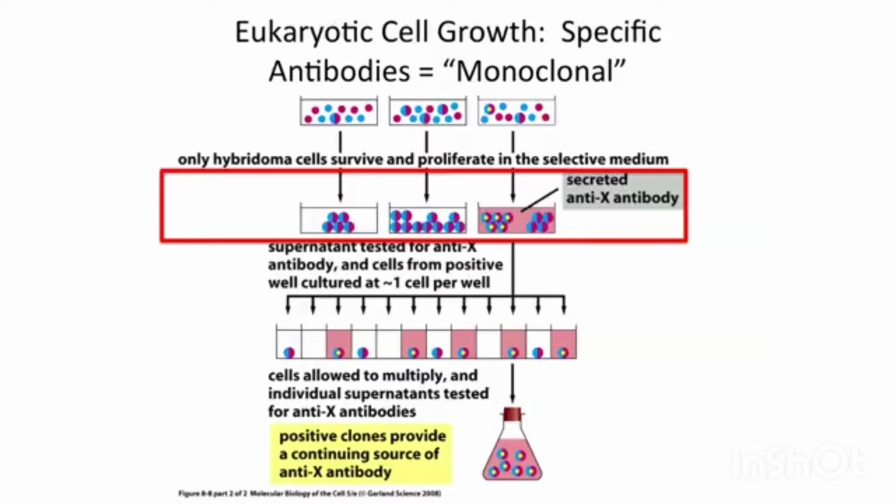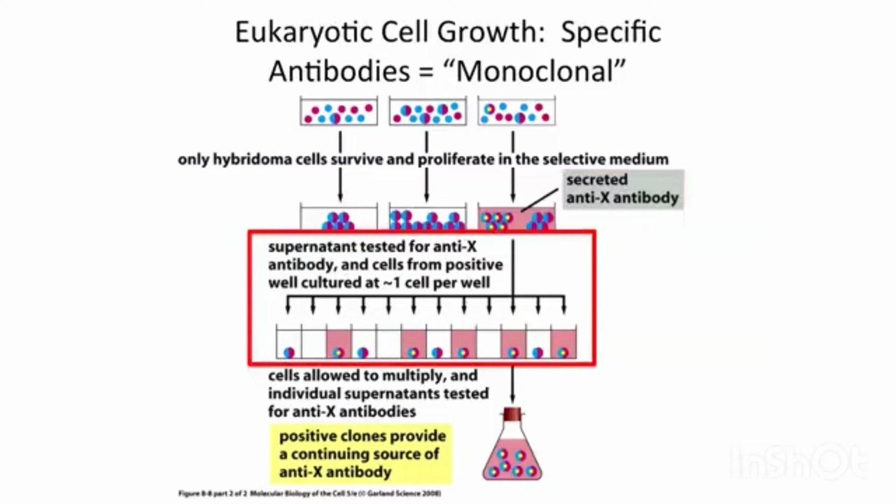But how do you know that you want them? Because they're mixed in with other hybridoma cells. What you can do is take the cells and plate them at a density of 1 cell or less per well. So in any given well, if your antibody is being produced, you know that the cells there are the hybridomas making the antibody that you want.